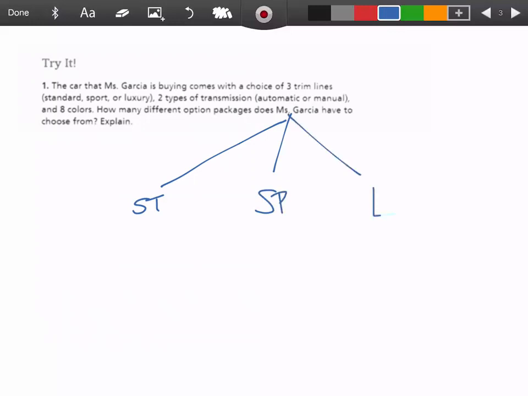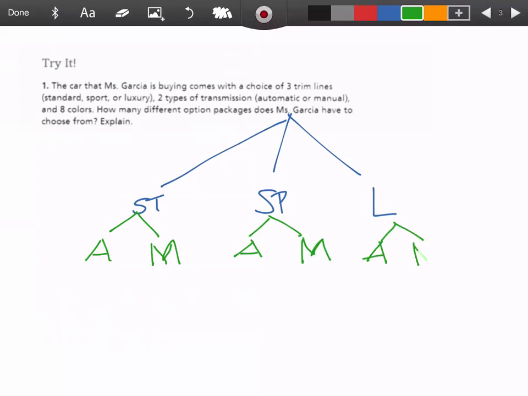And of those options, she could choose to make the transmission automatic or manual. So all of these are automatic or manual. And then she has her color options. Her color options, there's 8. So we're not given 8 different colors to write down, so we'll just separate 8 lines here.